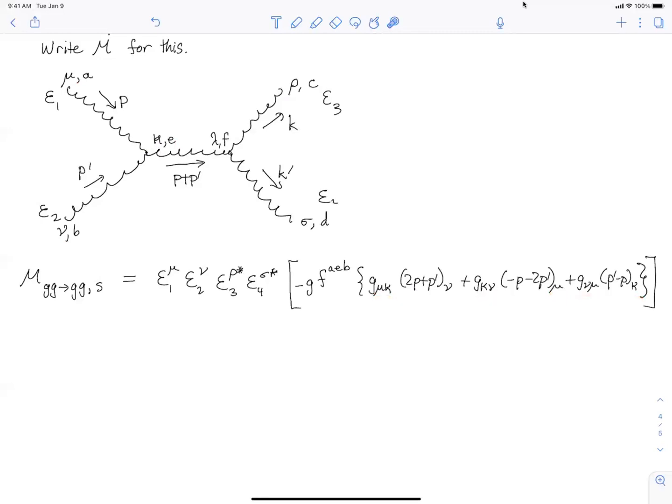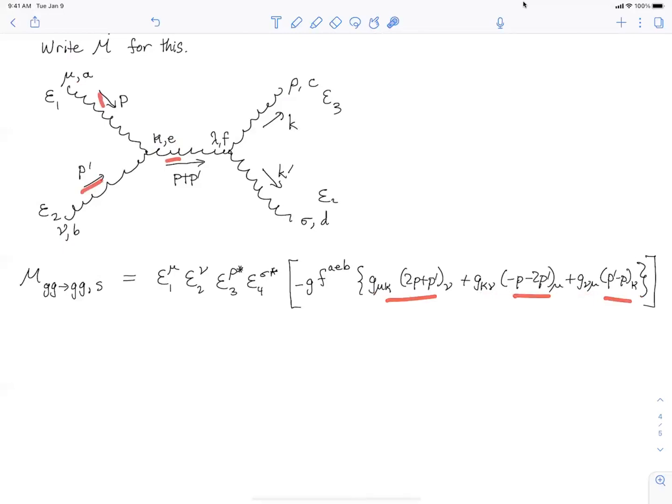Okay, and then you have to take into account the fact that the momenta occur in this vertex too, and those are the factors that you get. Okay, and then there's a similar factor for the other one, and that's minus g f^{CDF}, and similarly g^{rho sigma}, (K prime minus K), plus g^{sigma lambda}.